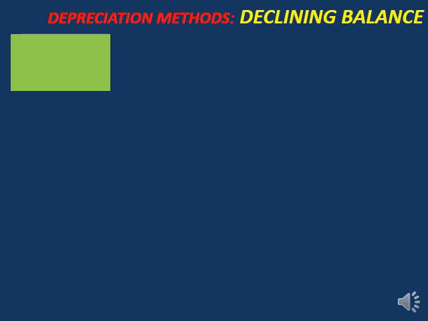Okay, now let's proceed to another method of depreciation. This is called the declining balance method. Assuming we have a photocopier bought at 11,000 pesos, and this photocopier has a life of 10 years.